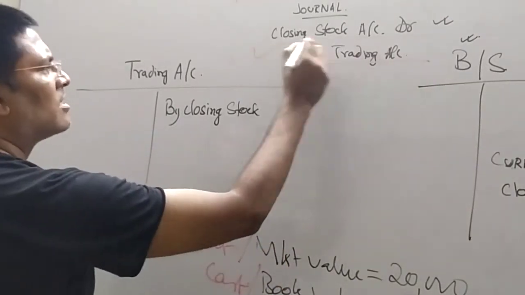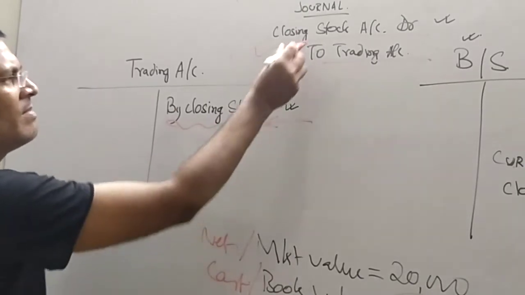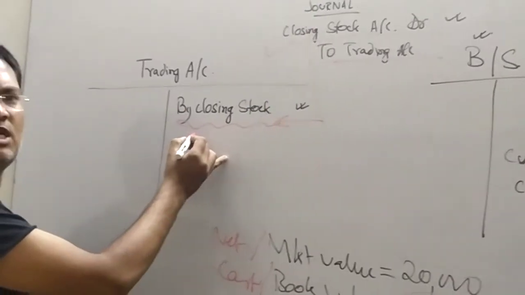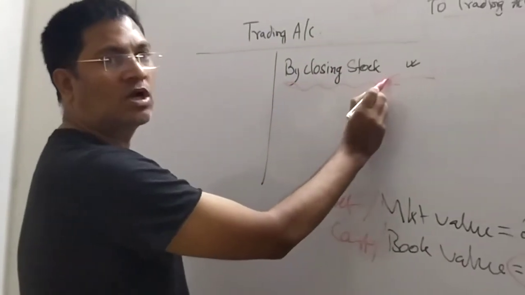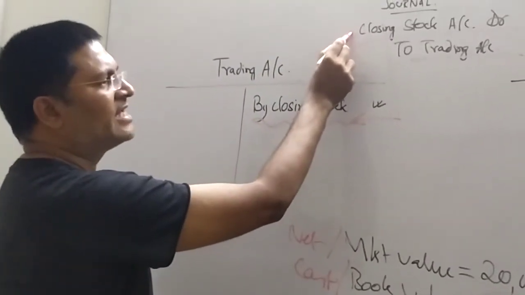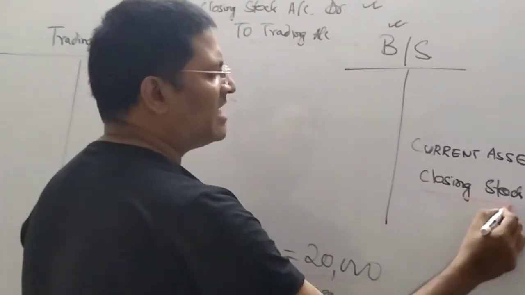And this closing stock will feature over here as by closing stock. You remember your ledger posting from journal: in the trading account, by closing stock, because it is on the credit side. It will also be shown in the balance sheet.